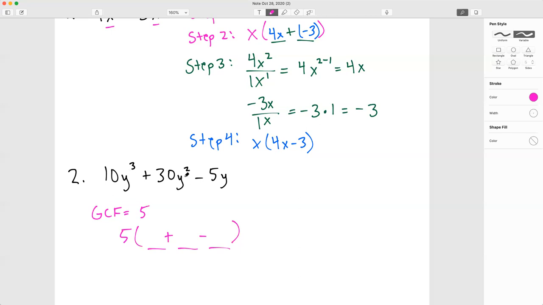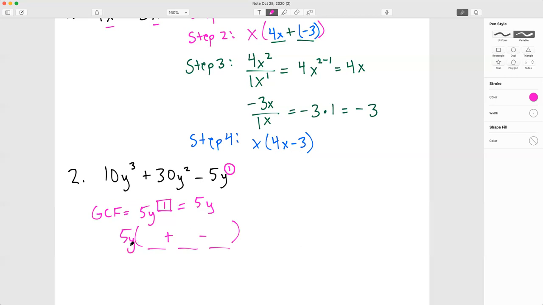We need to take the GCF of the letters too. So the GCF is 5, and then we have a y here. We have a 3, a 2, and a 1. Since they're not the same, we're going to take the lowest one, which is a 1. Boom. That is our GCF. Really, it's just 5y.